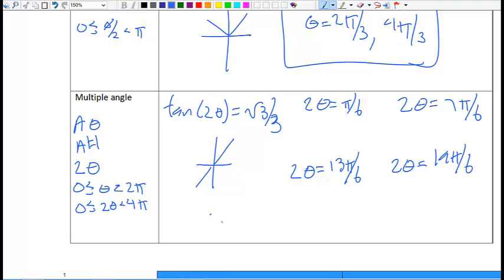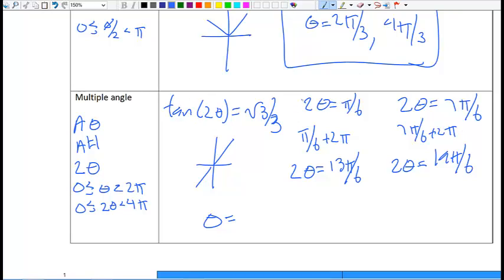And one more reminder, in case you didn't catch me say it, I did pi over 6 plus 2 pi and 7 pi over 6 plus 2 pi because of the 2 theta.